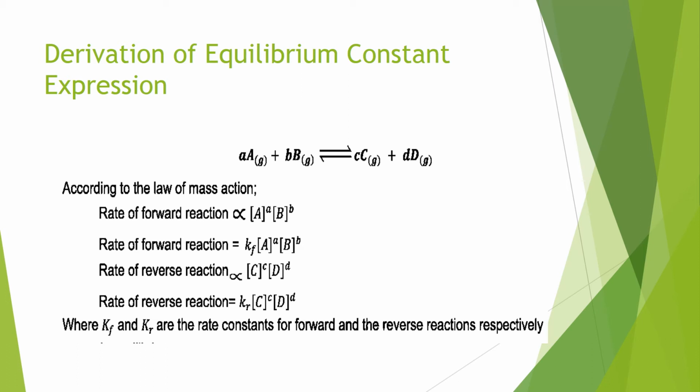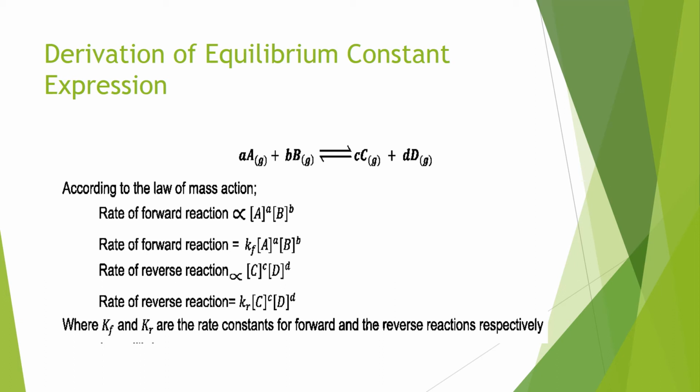Now according to the law of mass action, you are well familiar now that the rate of the reaction depends on the active masses of the substances. So the rate of the forward reaction will depend on the active mass of substance A and substance B. When we write it in equation form, the rate of forward reaction is directly proportional to the concentration of A raised to the power a and the concentration of B raised to the power b.